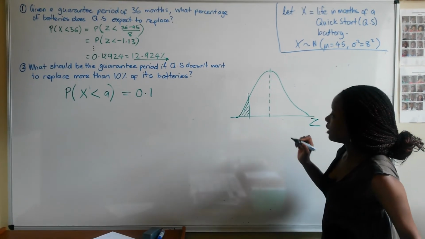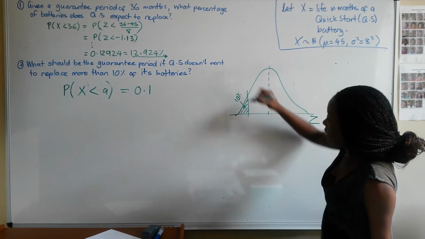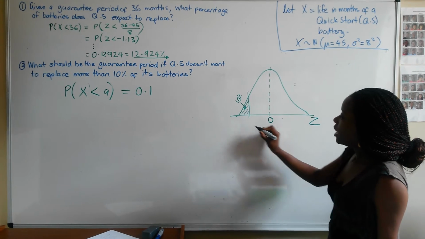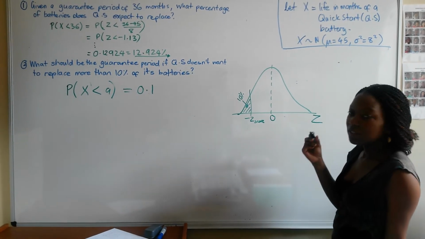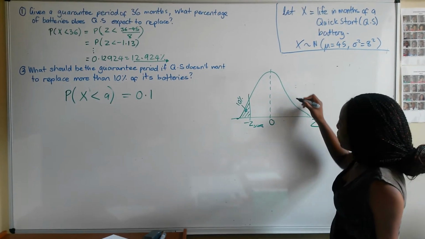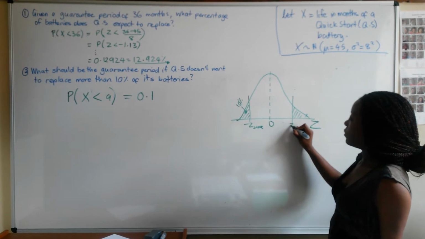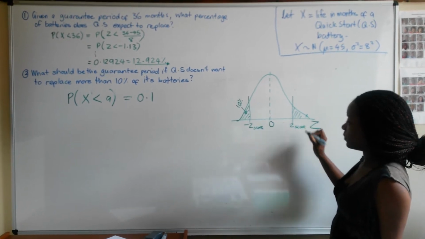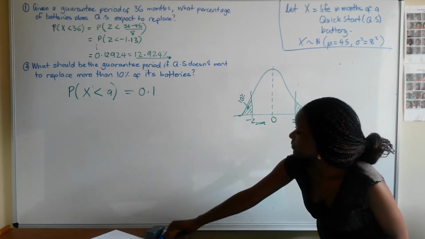This is our Z tables. So for this area to be 10%, since our graph is centered at 0, this should be a negative Z score. But we can't find negative Z scores in our tables, so we're going to have to look for an equivalent positive Z score, okay?